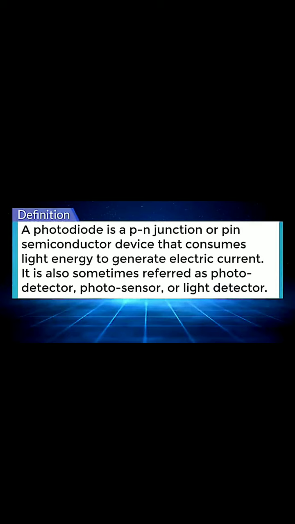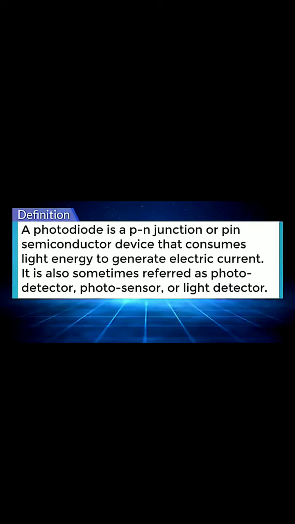So the LED is one kind of special semiconductor diode which is operated in forward bias condition, and the LED converts electrical energy into light energy. That is the main point of the LED.